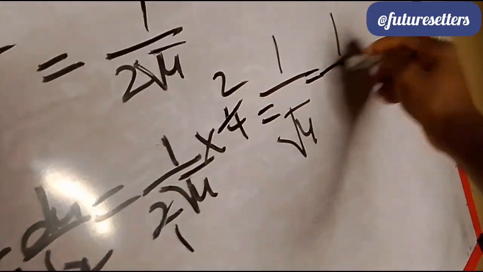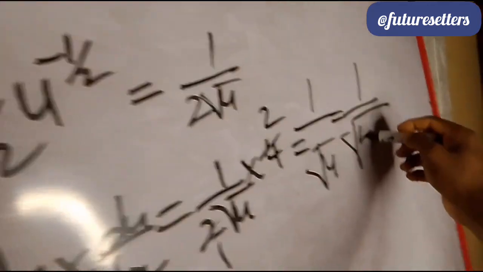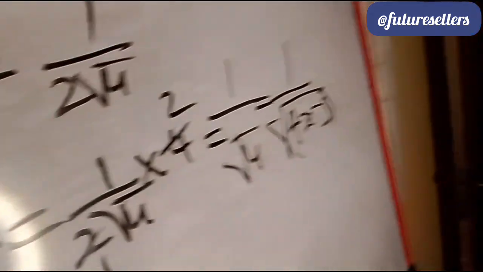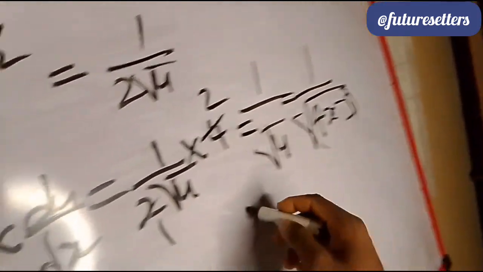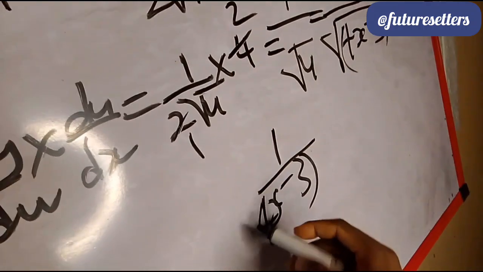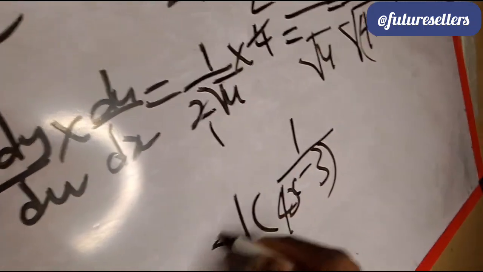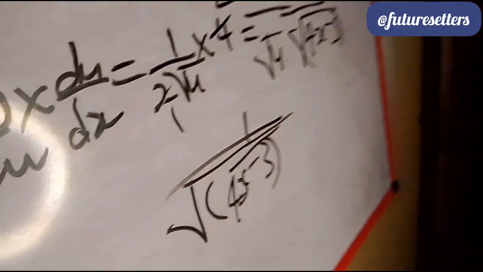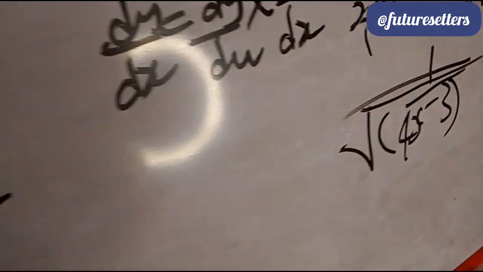So this will give us 2 over square root of u, where u is 4x minus 3. So our answer will be 2 over the square root of 4x minus 3. So this is our answer.